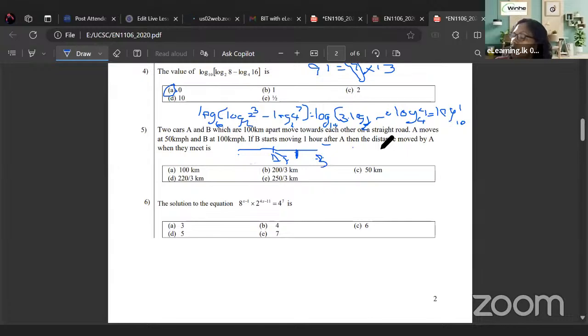Then 150x is equivalent to 1,500. Right?